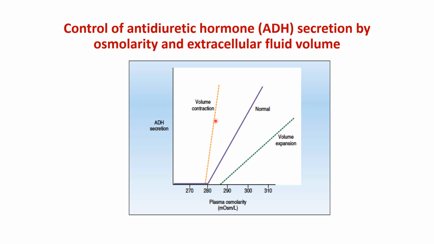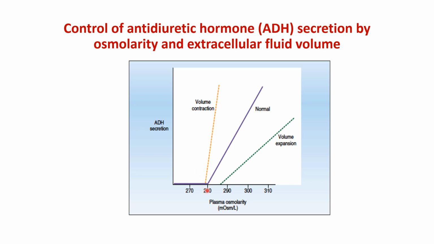Now look at this. If you have volume contraction, particularly hemorrhage or bleeding, here we have an isoosmotic dehydration. In other words, there is no change in the plasma osmolarity, but the decline in blood volume during hemorrhage will evoke secretion of ADH even if we don't have a change in osmolarity.